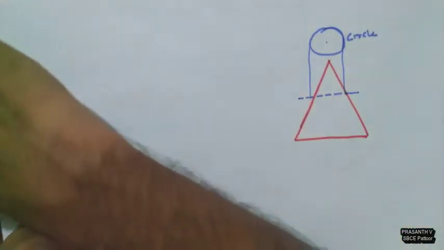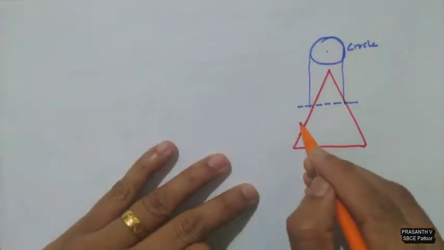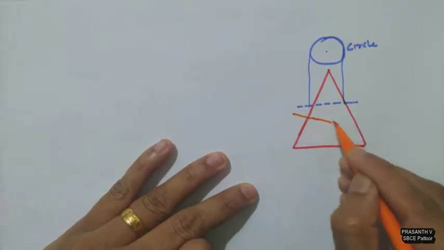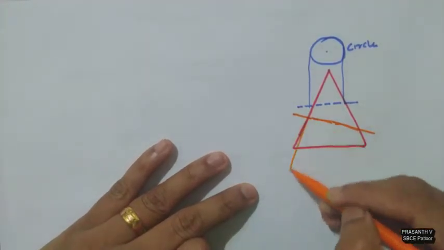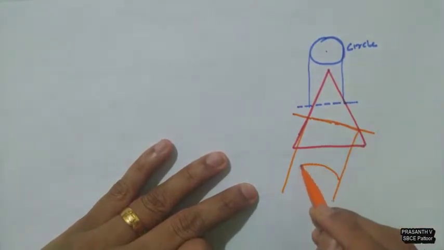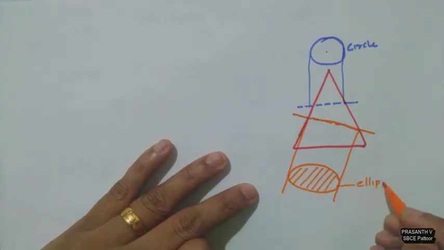Now if you consider another section plane which cuts both of the end generators on both sides, the section obtained here will be an ellipse. If you cut both end generators with an inclined section plane, the section obtained is an ellipse.